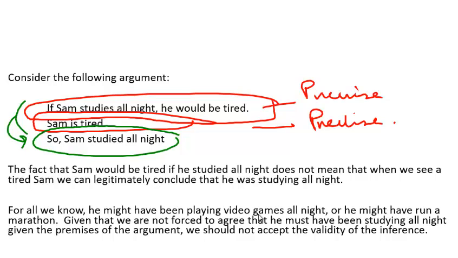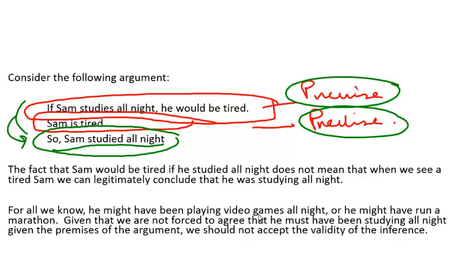What reason do they give for saying that Sam studied all night? They say, well, the reason Sam studied all night is because he's tired, and because if he studies all night, he'd be tired.